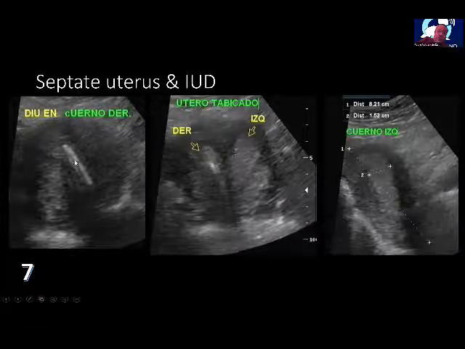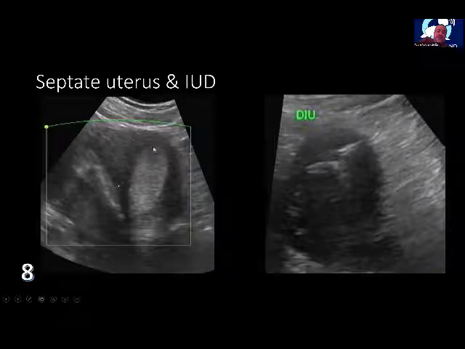Everybody knows how the IUD works. Basically, it works by provoking early miscarriages, early abortions. So this probably will not work properly because if there's a pregnancy on the left side, this will not work by getting the conceptus out.